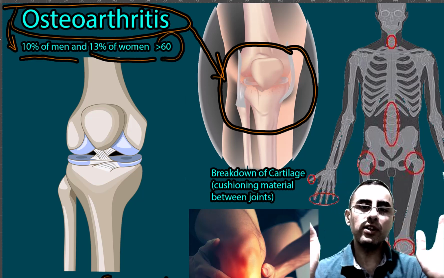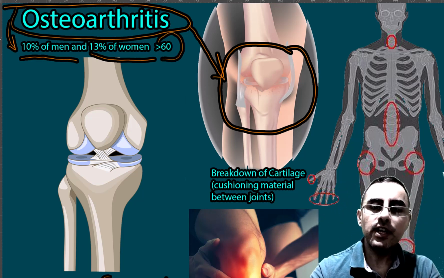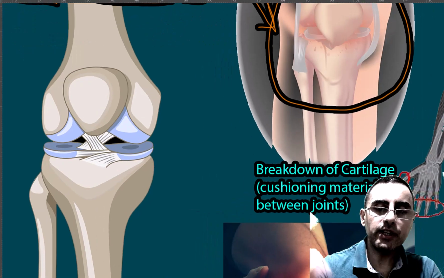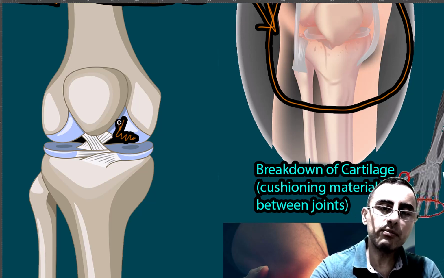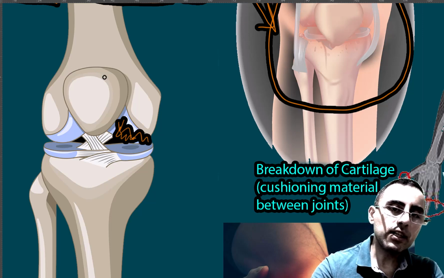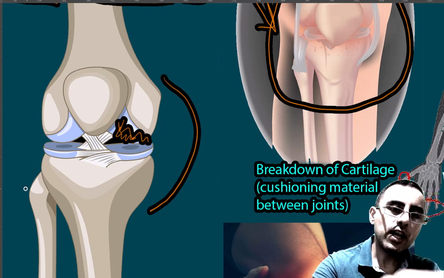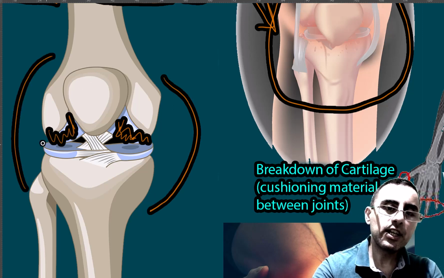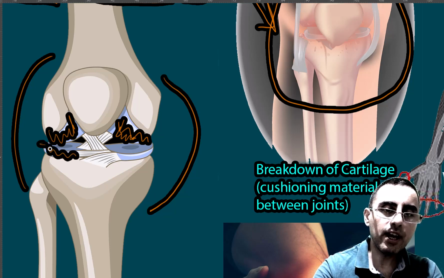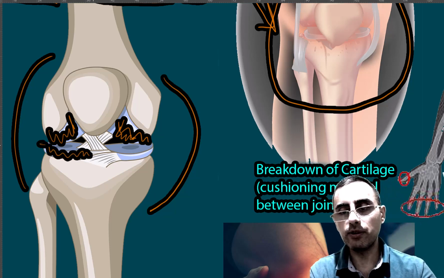And what is osteoarthritis itself? It's breakdown of cartilage, and cartilage is cushioning materials on the bone, between bones. You can see it is joint of knee, and you can see this cushioning materials is cartilage, and its breakdown over time is osteoarthritis.